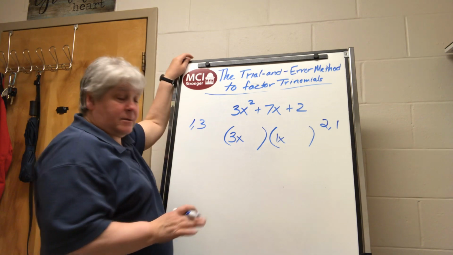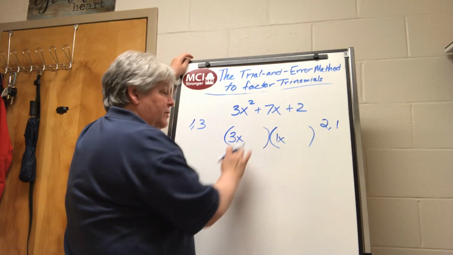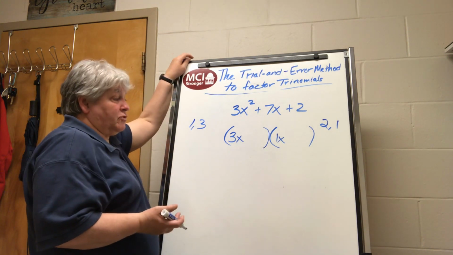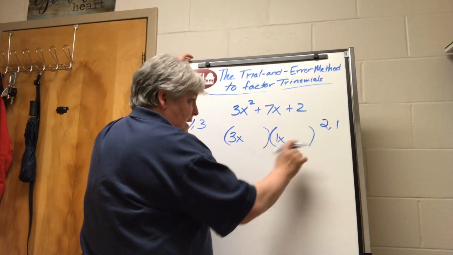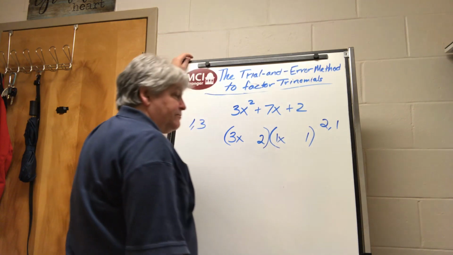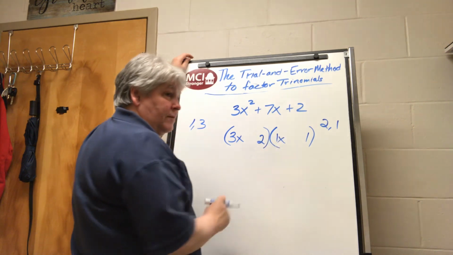I delay that part, but that doesn't mean the person who has you make decisions about the signs in the beginning is wrong. We just have a slightly different way of approaching it. What I do is I put, without signs, these two numbers like this. I'm trying the 2 here, and I'm trying the 1 there.